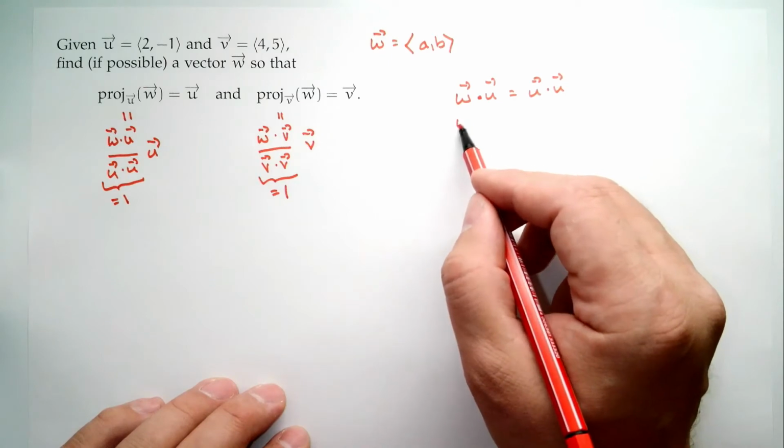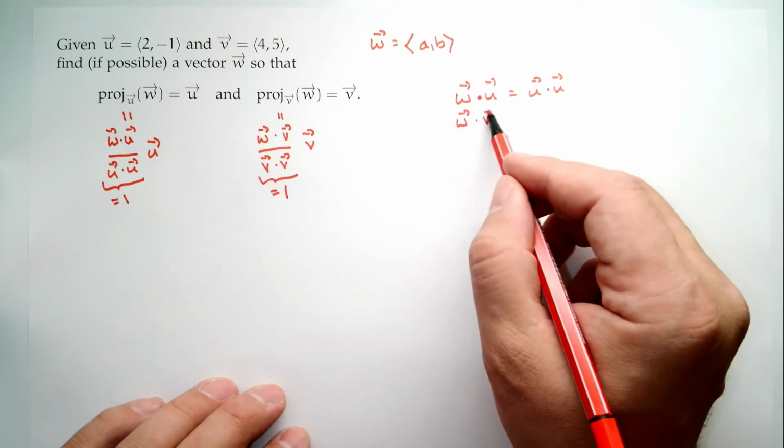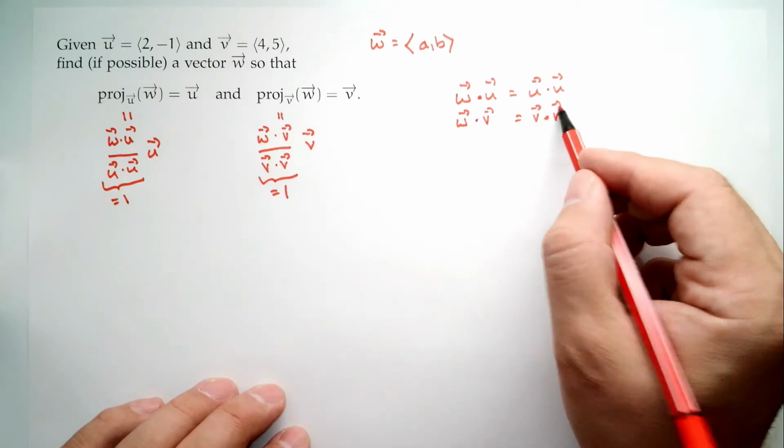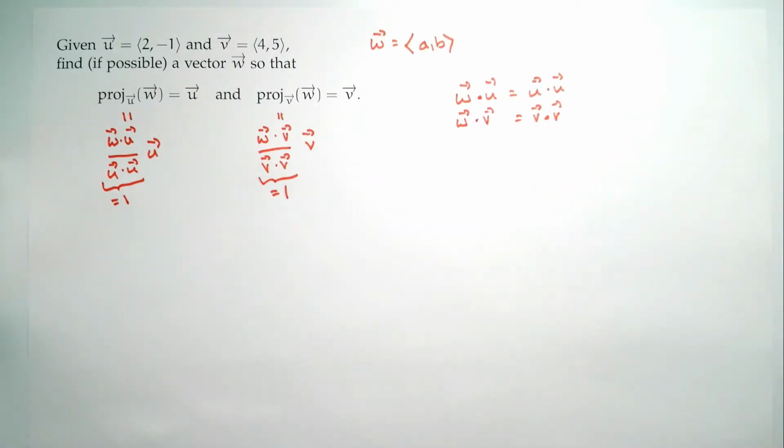And when I take w dot the vector v, that's equal to v dot v. If that's true, then our projection works. All our requirements work out. So we're translating our requirements into a series of equations.